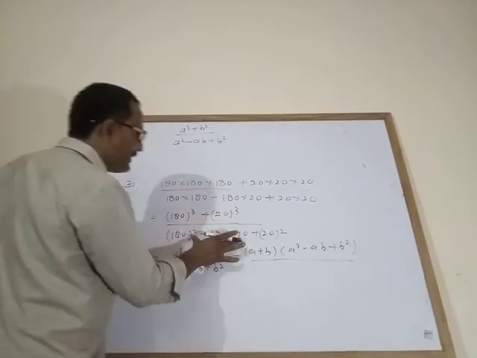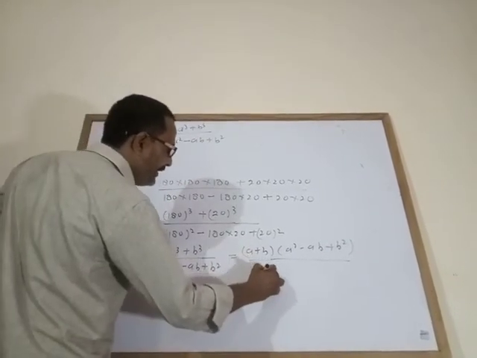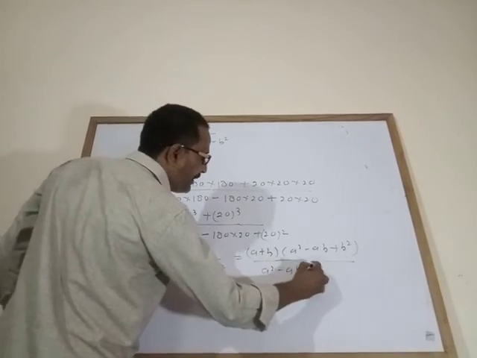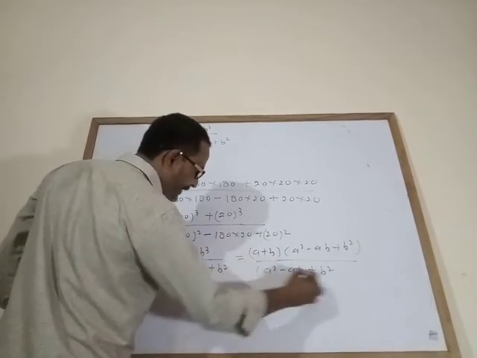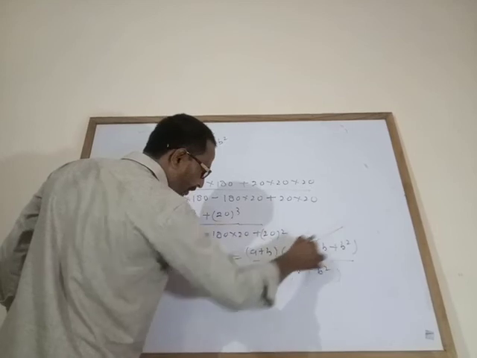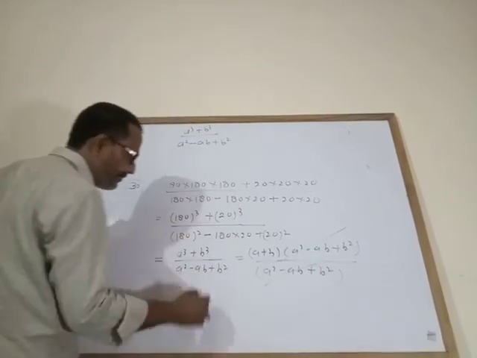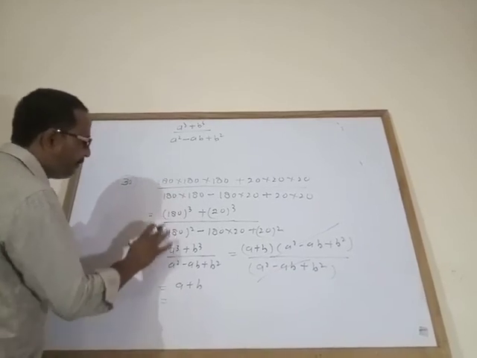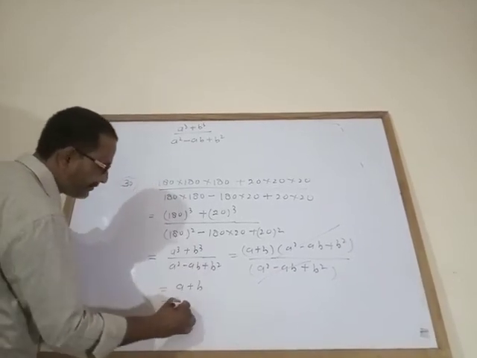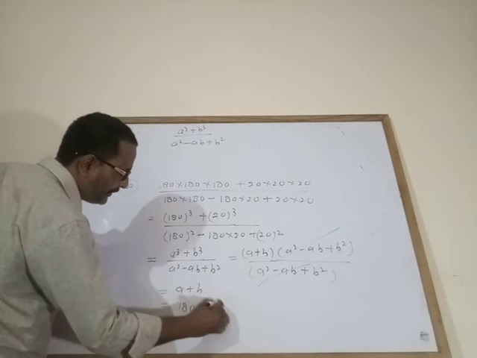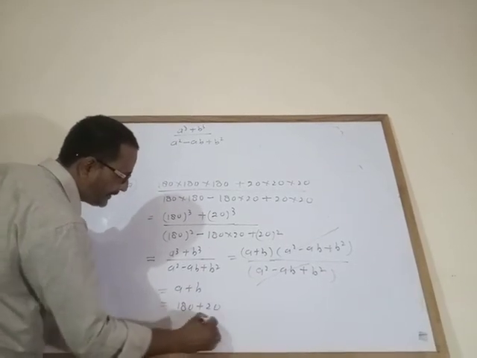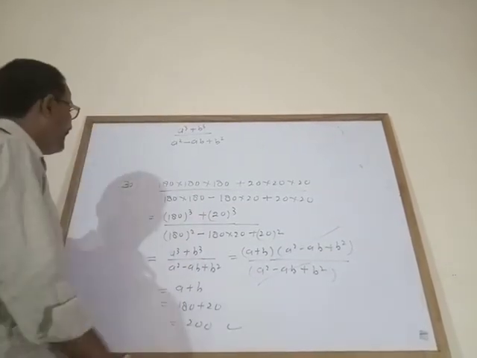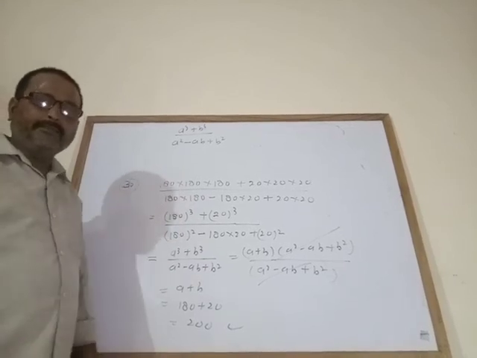The denominator is already given in this form. Now this whole term is cancelled by the denominator. What is remaining? a plus b. The value of a is 180 and b is 20. What is coming? 200. This is your solution of question number 30.